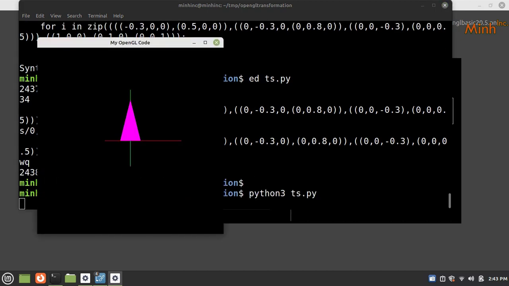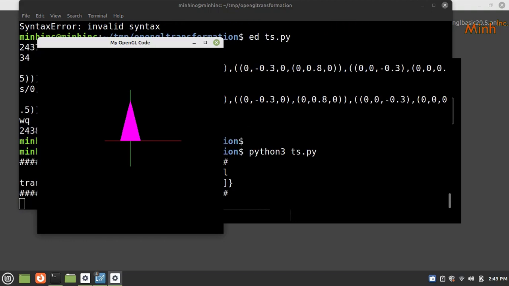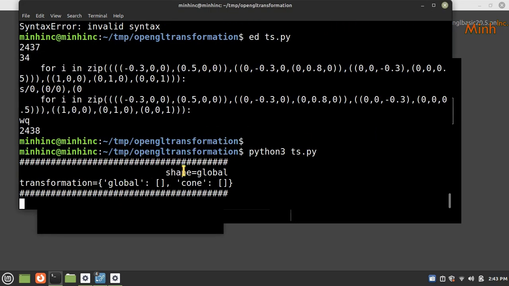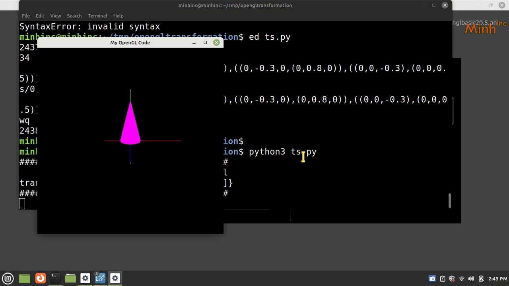Okay, so if I press V, it is verbose message, and now the current shape is global. I can move along x-axis. Now y-axis is long. This is what we can see than earlier. Okay, so y-axis is long.